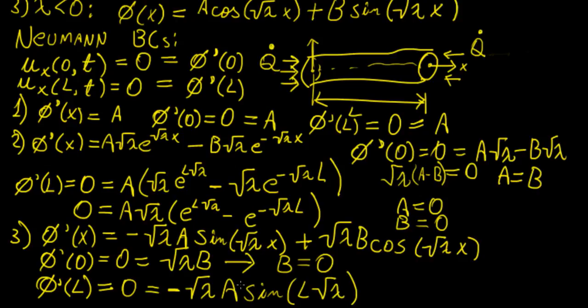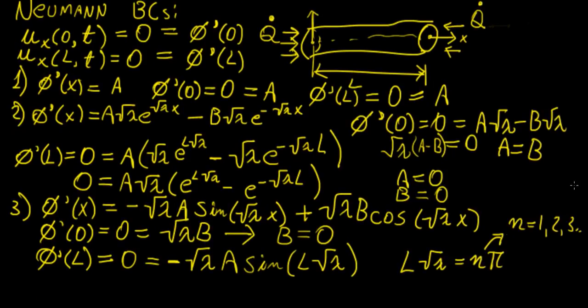That's pretty straightforward, because A cannot be 0, otherwise the whole solution would be 0, so we have to set L square root of lambda equal to n pi, where n is just integer multiples of pi. And once again, our eigenvalue lambda is going to have the following definition: n squared pi squared over L squared.